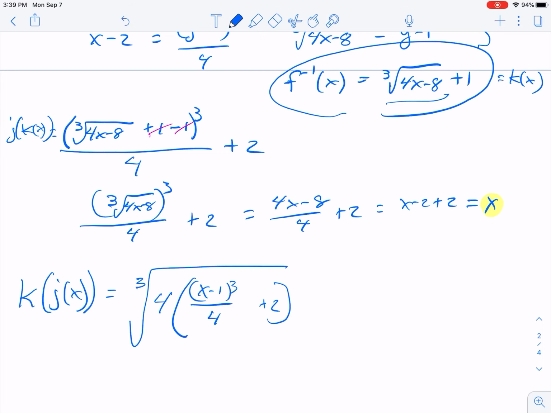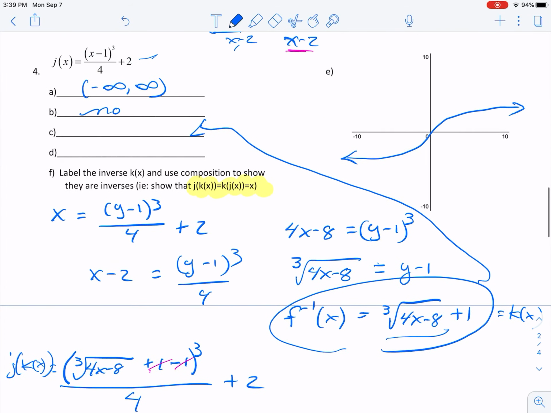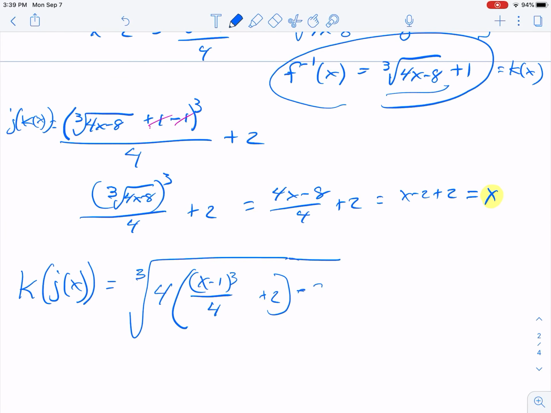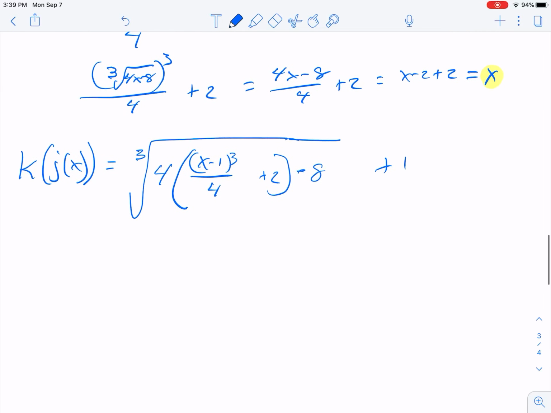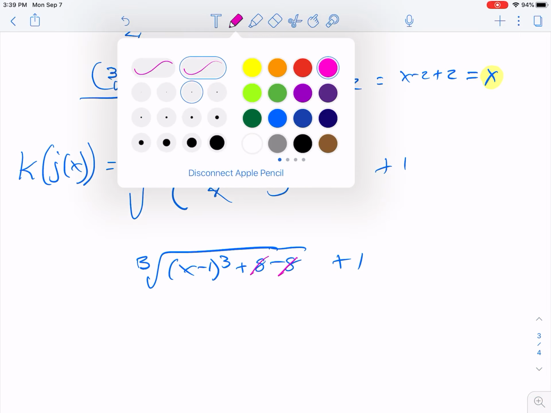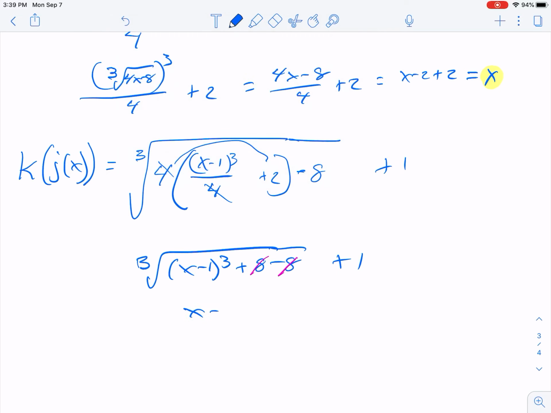It goes here. So what am I doing? I'm at that mess in there, and then I still have to add a minus 8, and then there's a plus 1. So when you multiply by 4, these cross out. So I've got the cube root of x minus 1 cubed. I distribute here, you get plus 8, minus 8, plus 1. These 8's go away. You take the cube root of a cube, and you get x minus 1 plus 1. That happens to equal x.